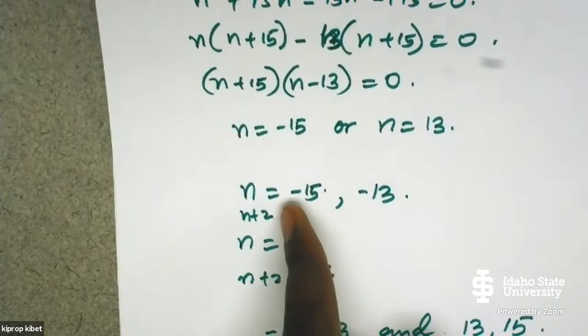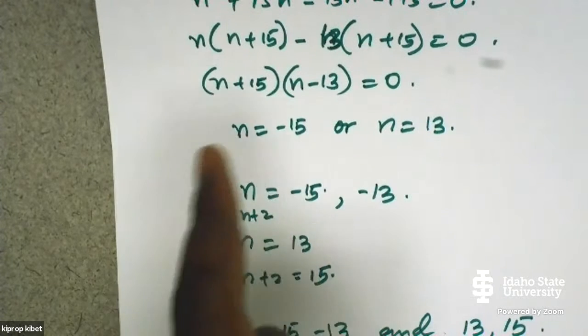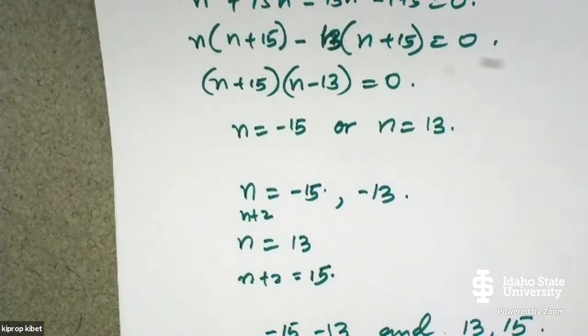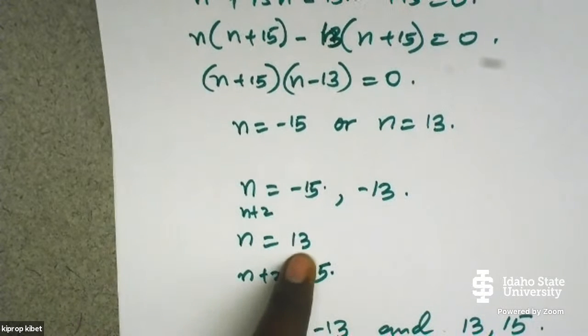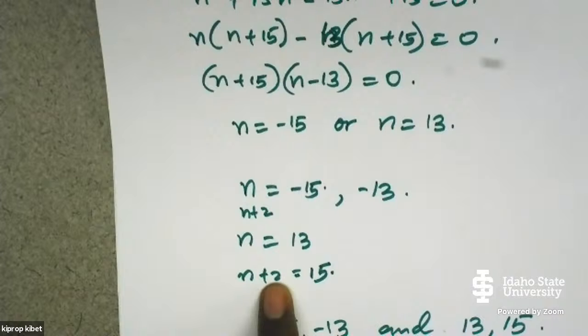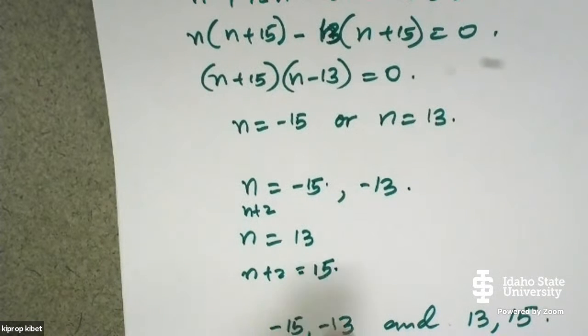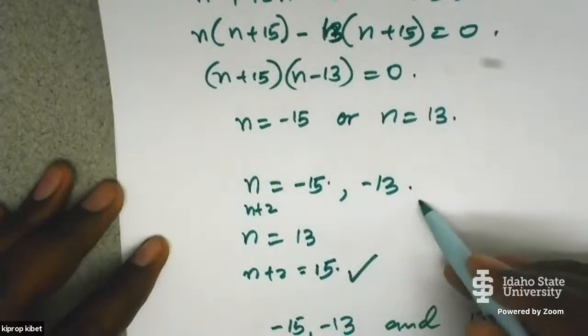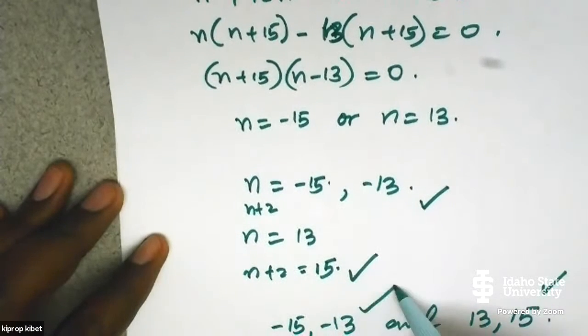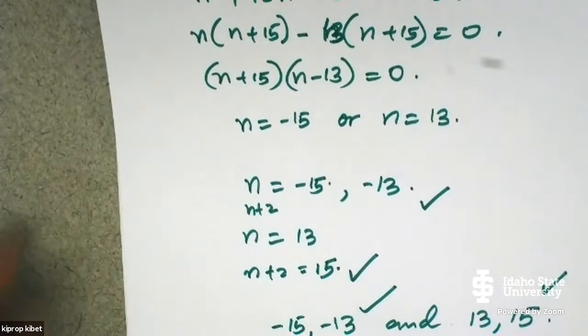Minus 15 plus 2 is negative 13. On the positive side, we have 13, and the next odd number there is 15. So those are our numbers. Any question?